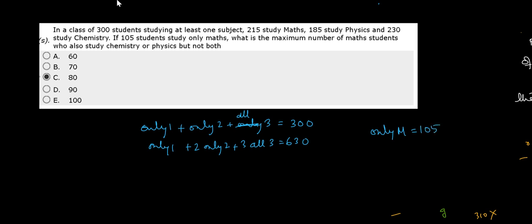right? Only maths is 105, and we are asked the maximum number of students who study chemistry or physics, but not both. So maximum number of students who study maths plus physics or maths plus chemistry.